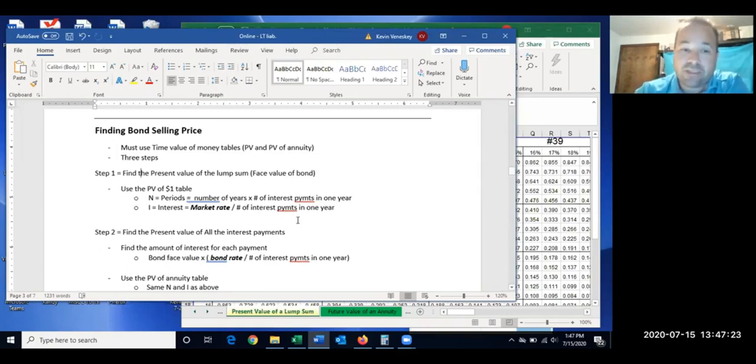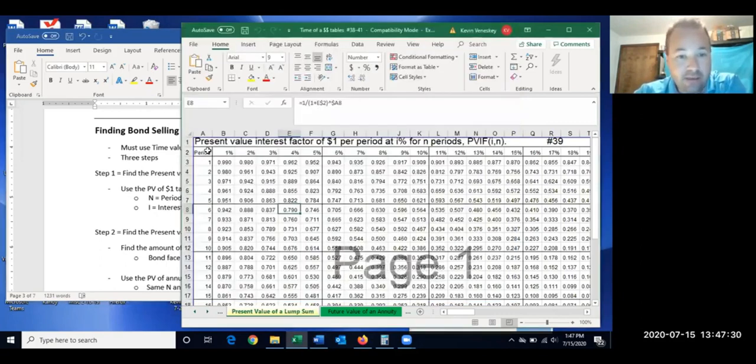Okay, so before we can use these time value of money tables, we have to first know the terms of N and I. N, these are your periods, and that's basically telling me how many times interest is paid. So even though it may be a 5-year bond, if it's paid semi-annually, then you come down to 10, because it's 10 times the interest is paid.